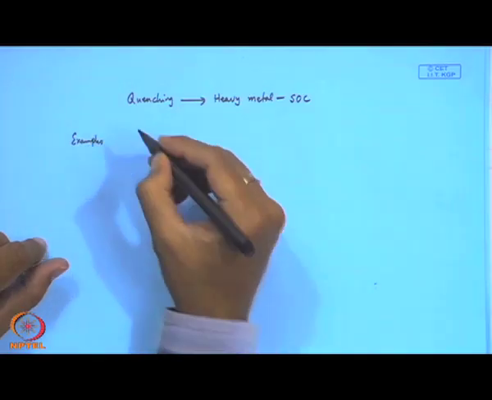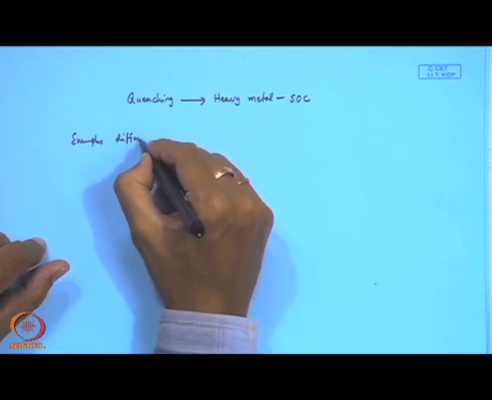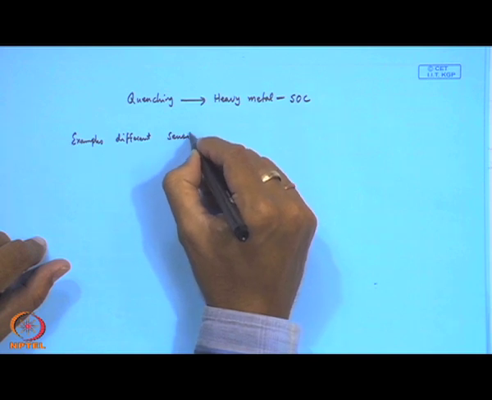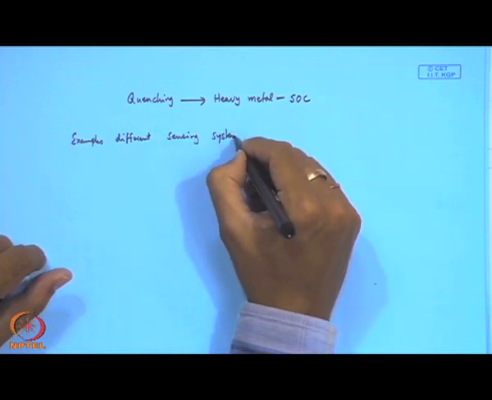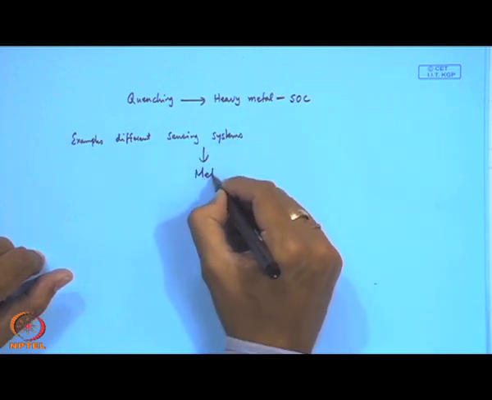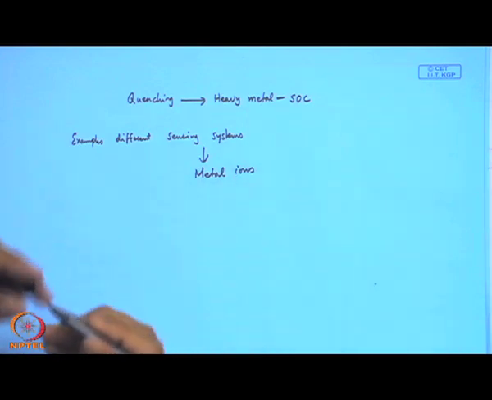Okay. Next, we have discussed and given examples of different sensing systems with respect to metal ions, and we have given you the idea that many of this type of fluorophores are very selective to some ions.